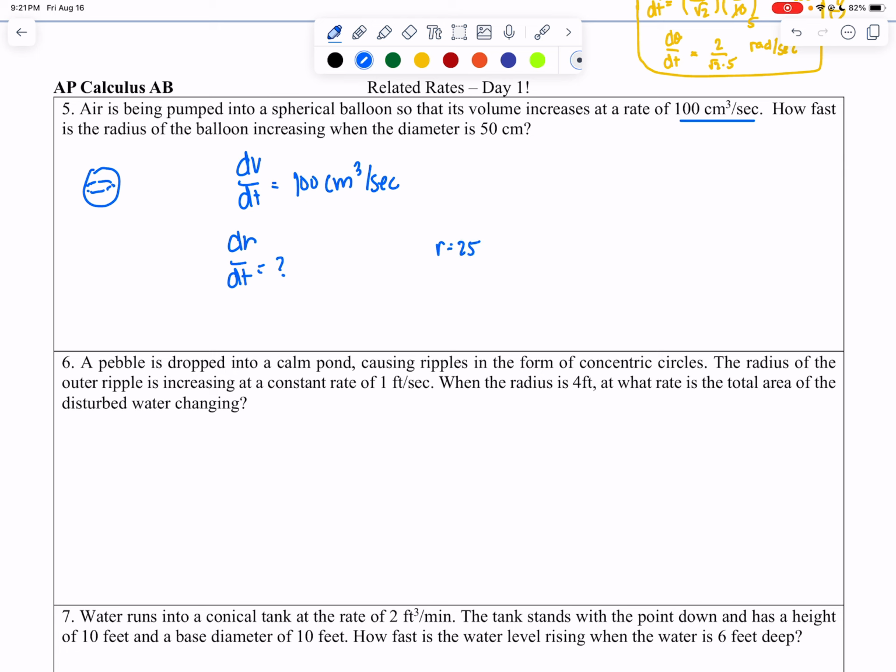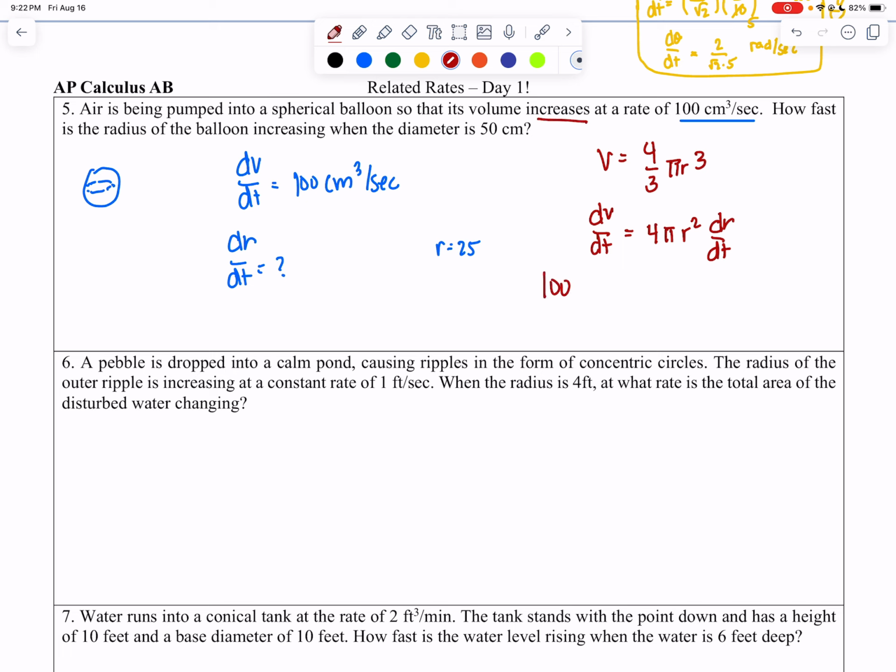Now, since we're talking about a sphere, remember that the formula of a sphere is 4/3 pi r cubed. And remember back in my little intro video, we have 4 pi r squared dr/dt in terms of my derivative with respect to time. Okay, so we're increasing at a rate of 100 centimeters cubed per second.